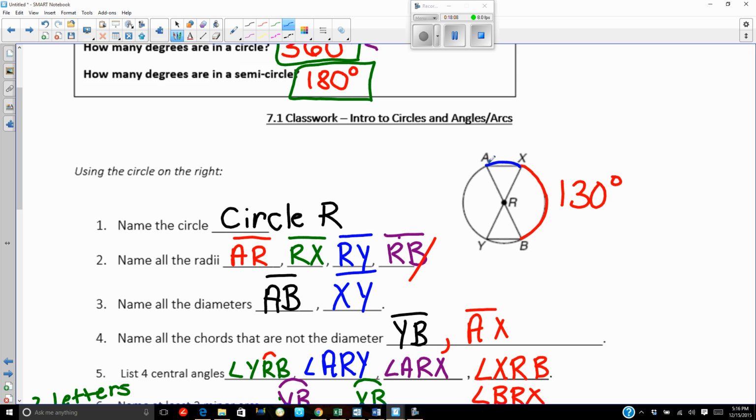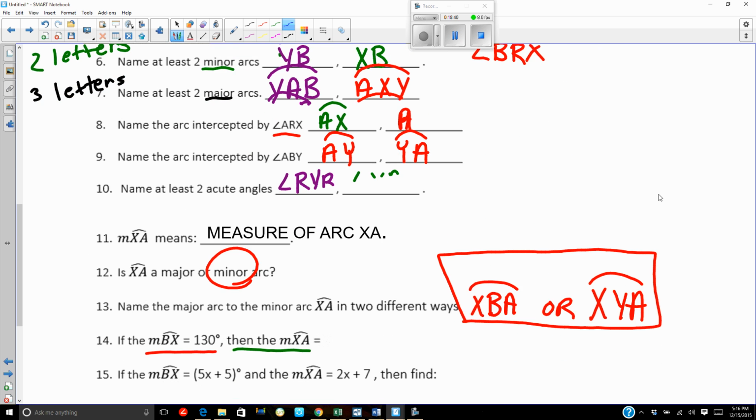So we know that this right here, AB, is the diameter, which means that's half a circle we have in this picture. And earlier we said half a circle is 180 degrees. So that means if arc XB in the red is 130, what's left in the blue has to be 50, because 180 minus 130 is 50 degrees. So the measure of arc XA or AX is 50 degrees.